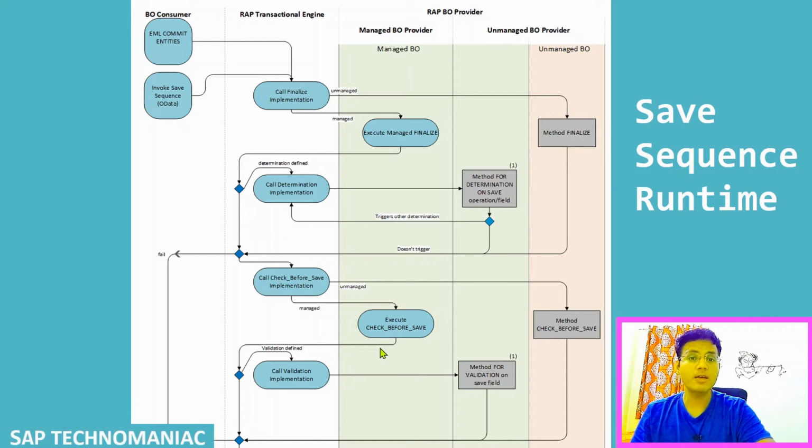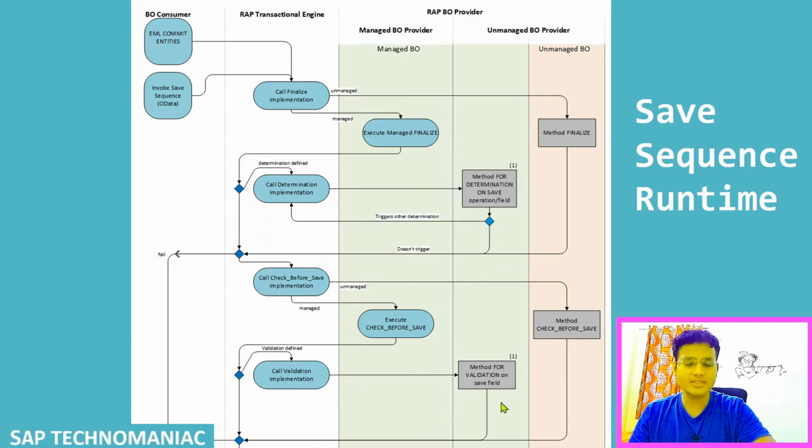Check before save, in the managed scenario, is handled by the managed BO. In the unmanaged scenario, you have to write your own code if you want to modify that BO internally. Once check before save is called, then the validation will be called. Whatever validations we have defined in our behavior definition will be called, and data will be validated.